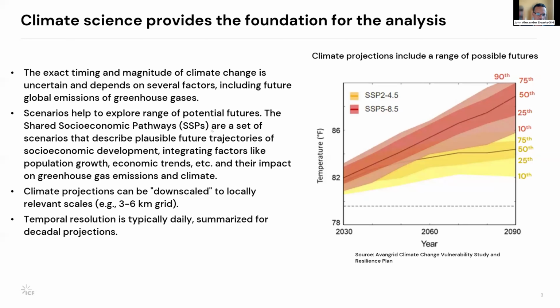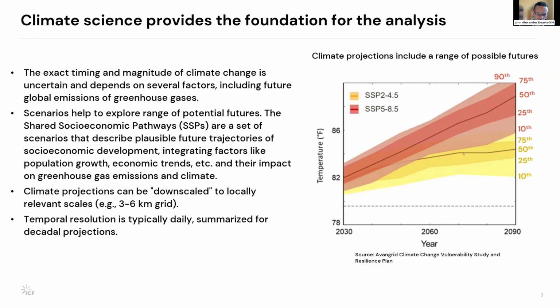There are these SSPs, shared socioeconomic pathways. Essentially, there are a set of scenarios that describe a range of outcomes in the future that consider a number of factors like population, economic trends. They're essentially capturing the extent to which human beings are going to act to counteract climate change. And there's a high range here, the SSP 8.5, and then there's a lower range.